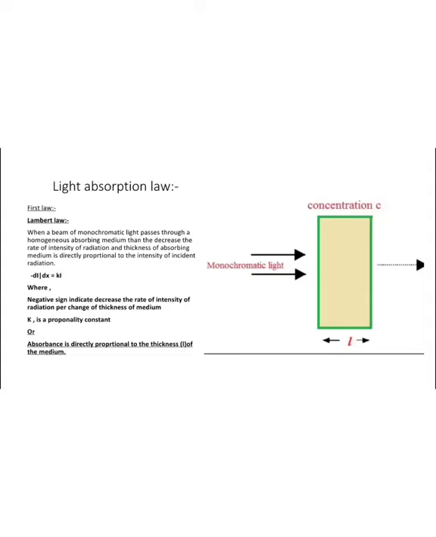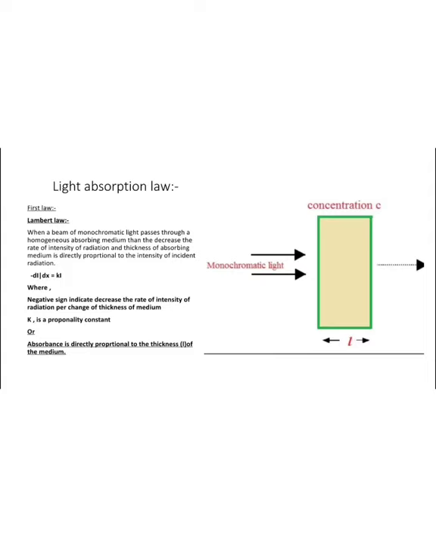It is shown well in the figure: monochromatic light, concentration C and path length L. So I have four samples A, B, C and D, all with the same concentration, but when we move from A to D, the path length increases.